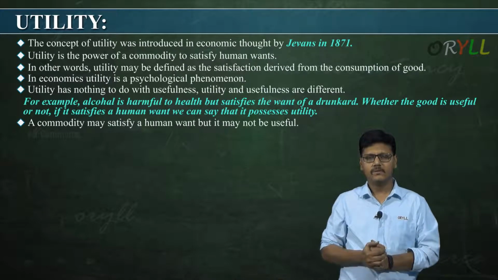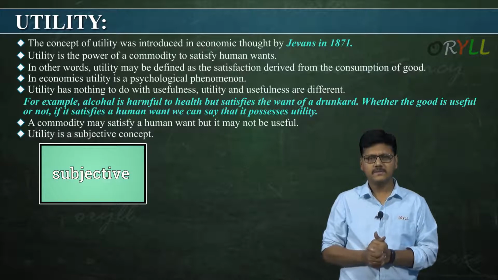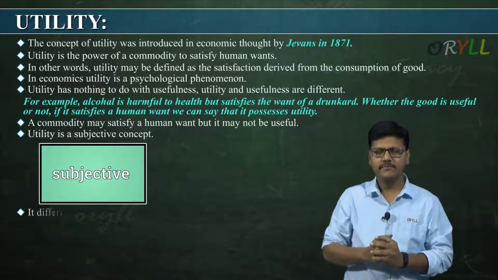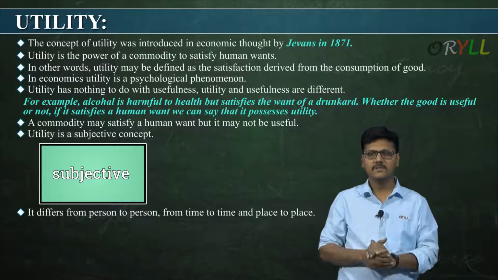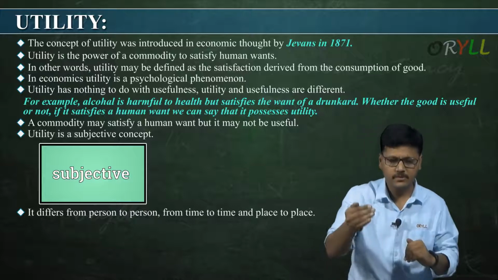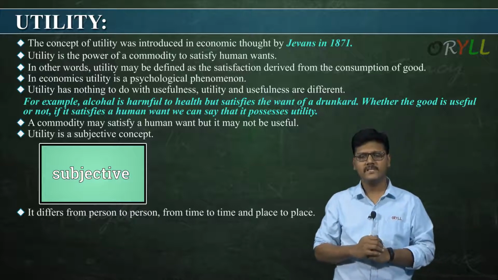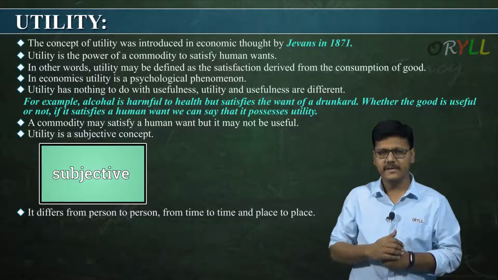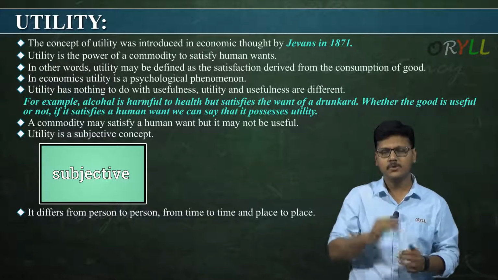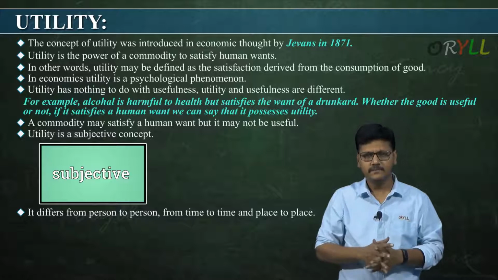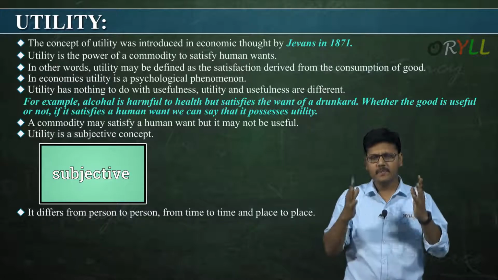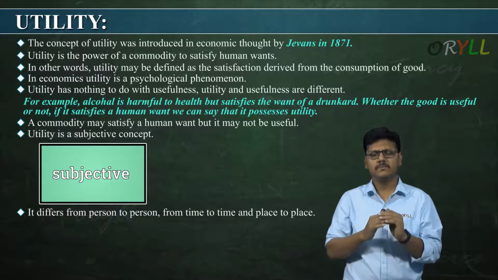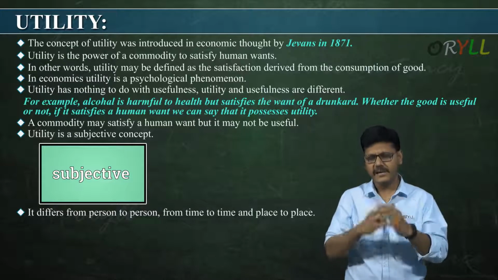With this example, we came to know that though alcohol has no usefulness, it has utility. Now, utility is a subjective concept. It differs from person to person, time to time and place to place. See, a burger is my favorite snack.